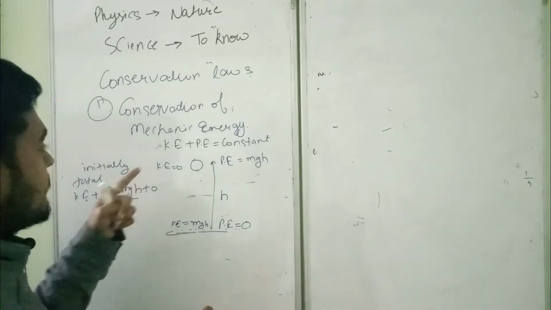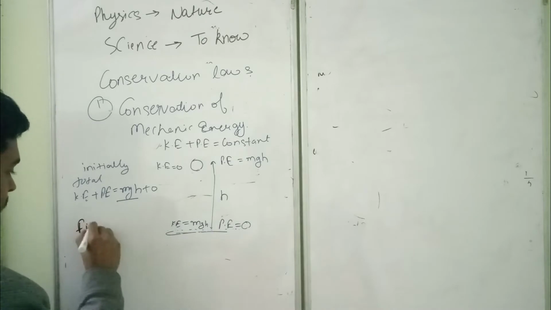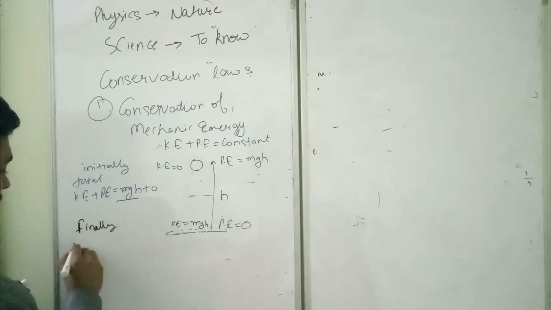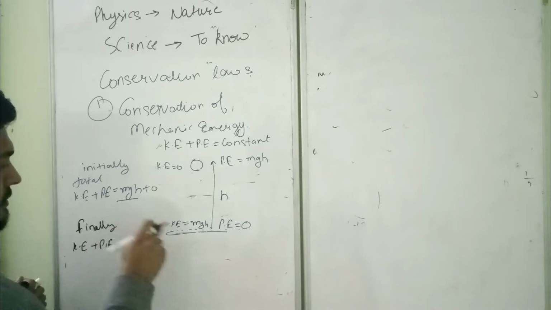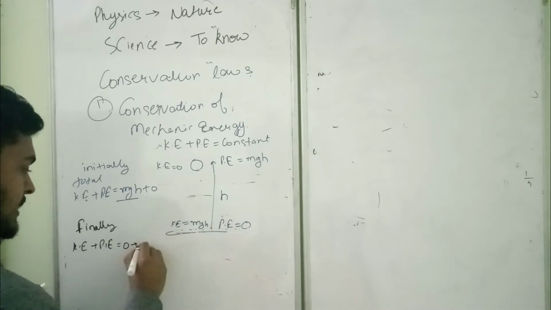So this was the initial, that final. Finally, kinetic energy plus potential energy is equal to, here potential energy is now 0, plus the kinetic energy, mgh.